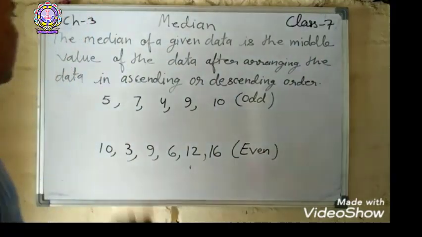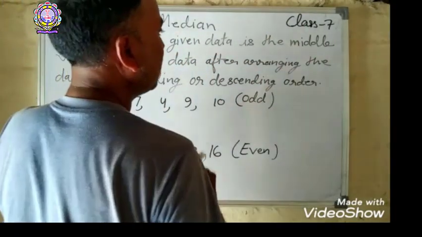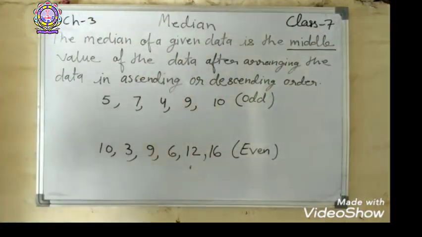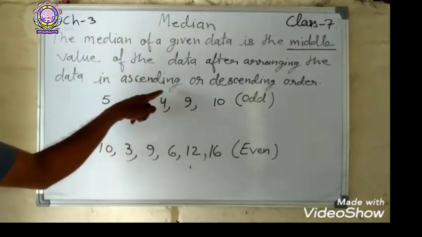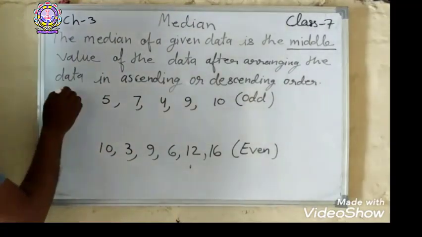So what's this? The median of a given data is the middle value of the data after arranging the data in ascending order or in descending order. What's the example?